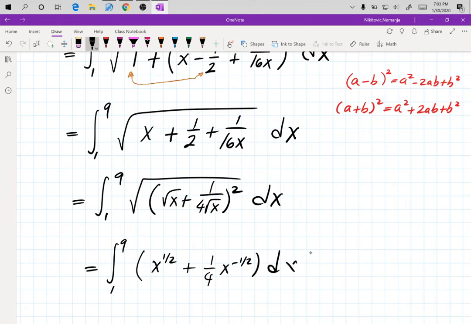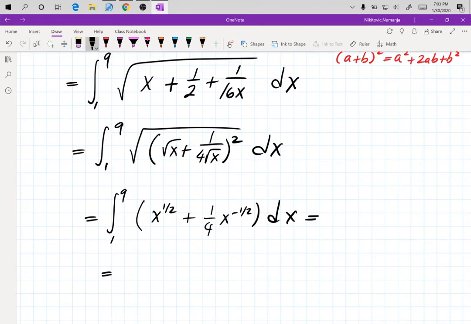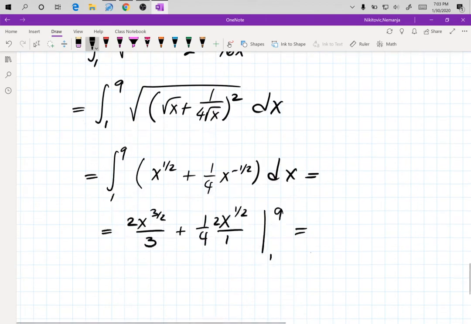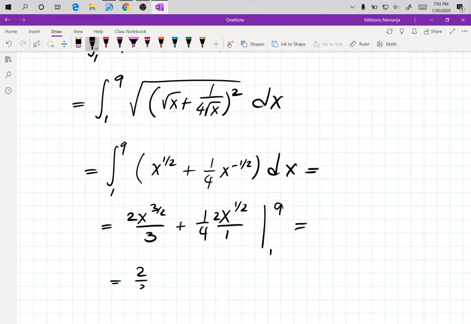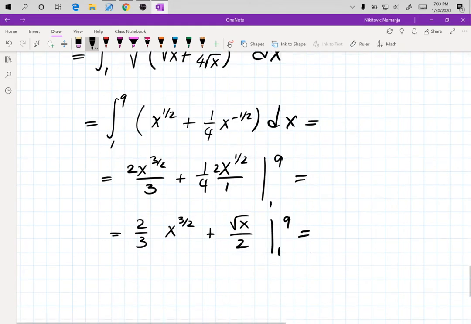So you can integrate, and we get x to the 3/2 over 3/2 plus 1/4 x to the 1/2 over 1/2, computed from 1 to 9. So this is 2/3 x to the 3/2 plus square root of x over 2 from 1 to 9.